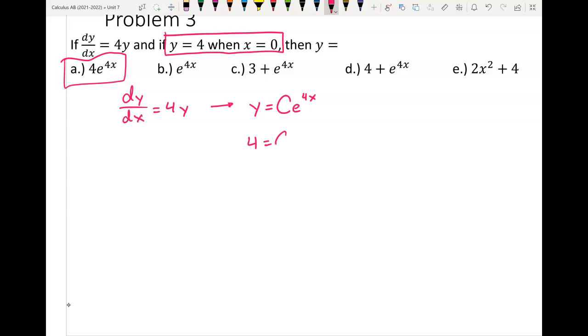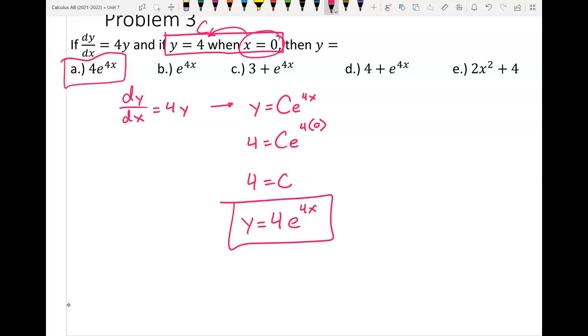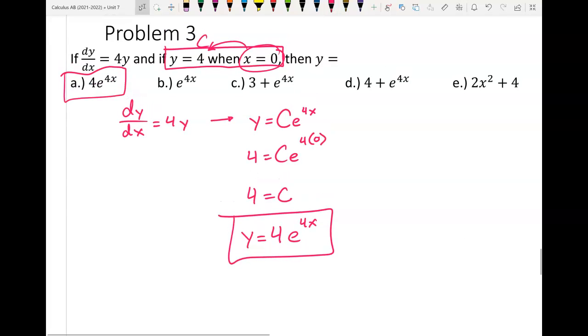You can go 4 equals c e to the 4 times 0, and you'll just see that 4 equals c. So that is why we get y equals 4 e to the 4x. Any questions on that one?